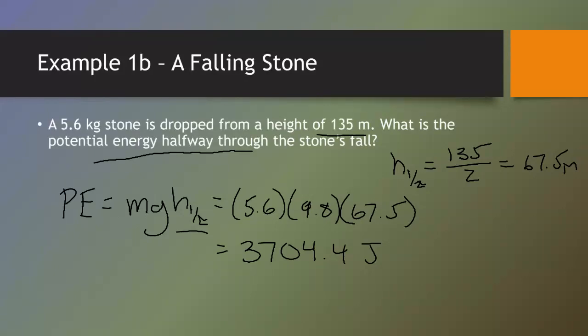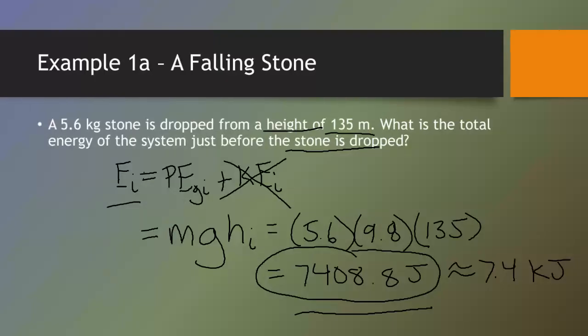So if the potential energy has gone down by essentially half, what happened to the kinetic energy? As the stone falls, it speeds up, the kinetic energy goes up. Remember that the total energy of the system that we found at the beginning cannot change. That is going to be the total all the time.